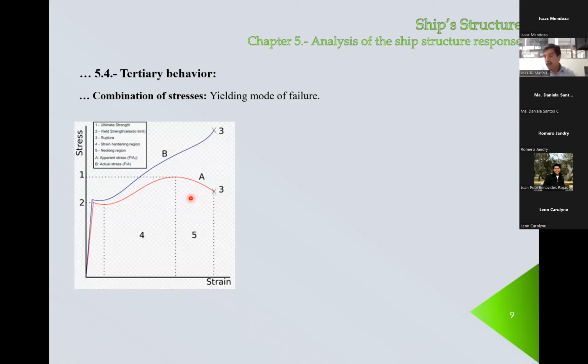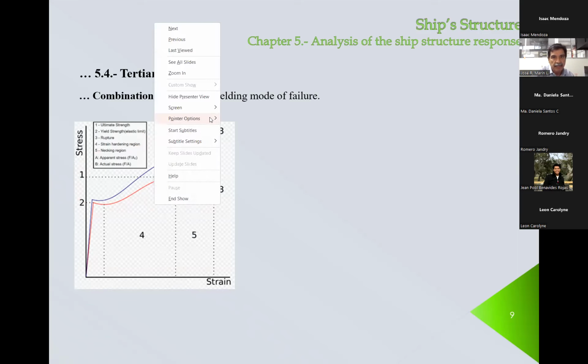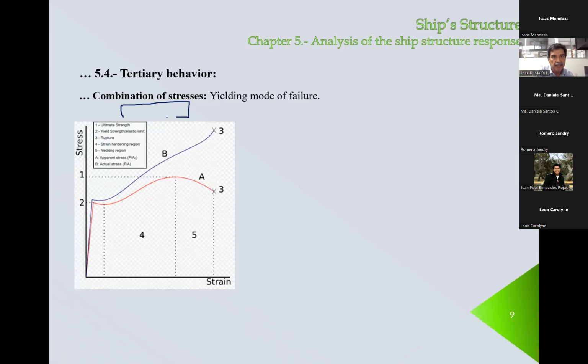You should recognize that this is the result of a simple tension test. Let me write it here. This is a simple tension test. So you have something like this, and you pull it in this direction, and you pull it in the other. So basically here, you have only one stress, which is sigma x.